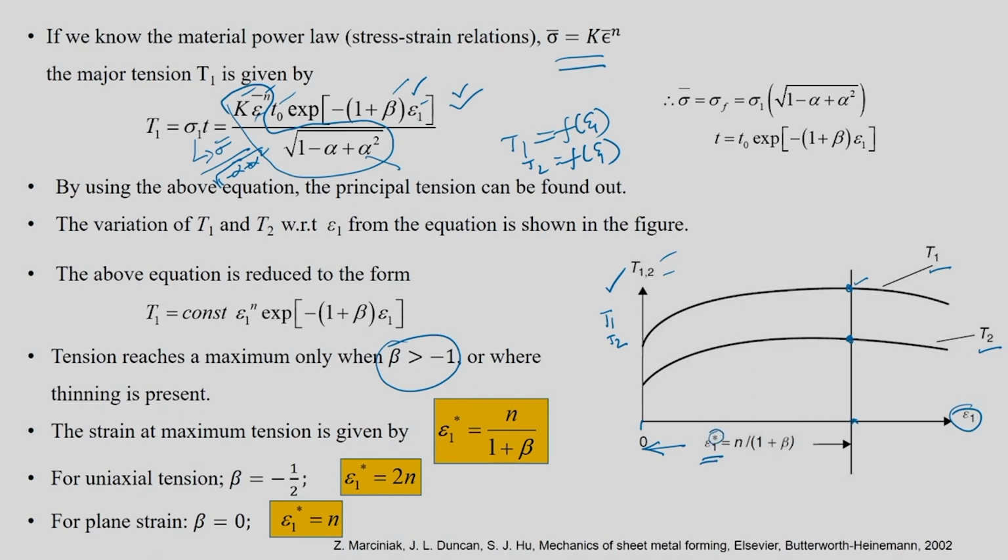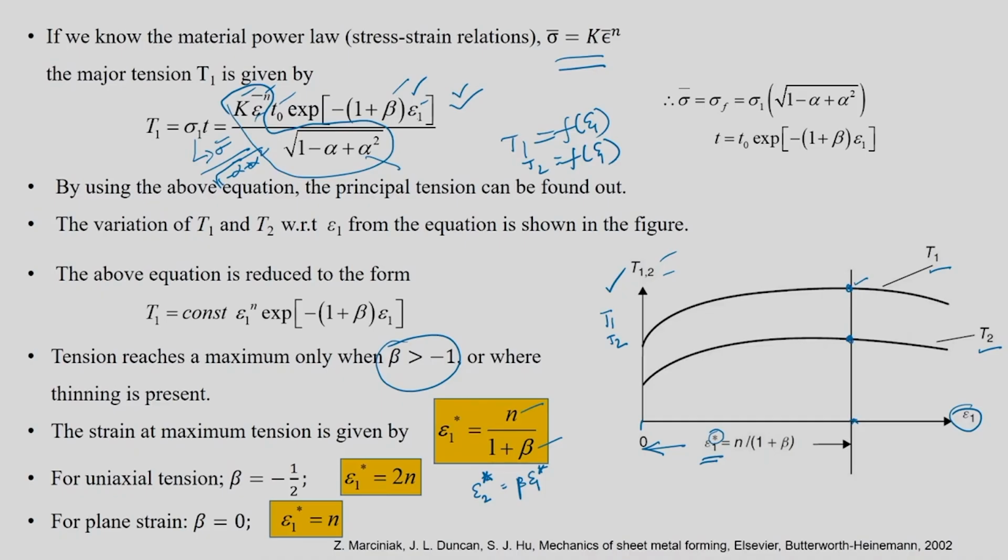Epsilon 1 star is equal to n by 1 plus beta, where n is your strain-hardening exponent and beta is your strain ratio. If you know epsilon 1 star, you can get epsilon 2 star as beta into epsilon 1 star, considering a proportional process, where beta is not going to change.